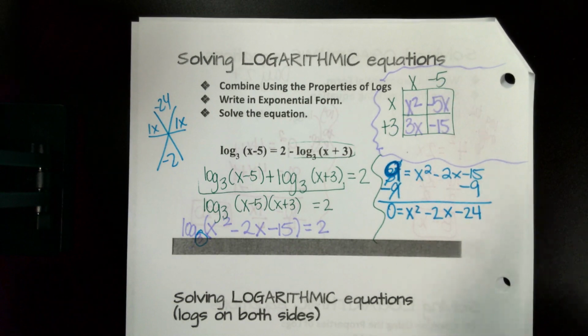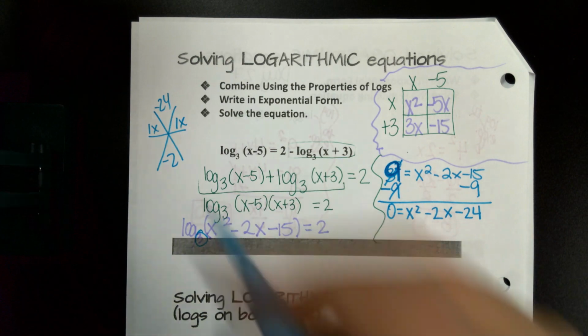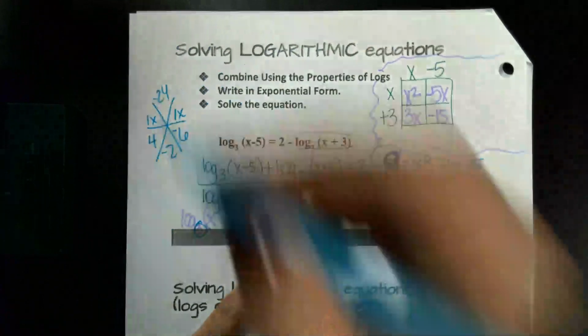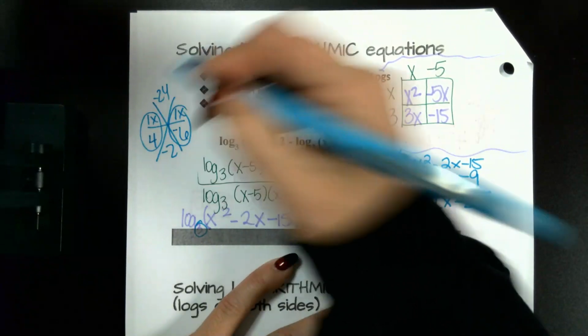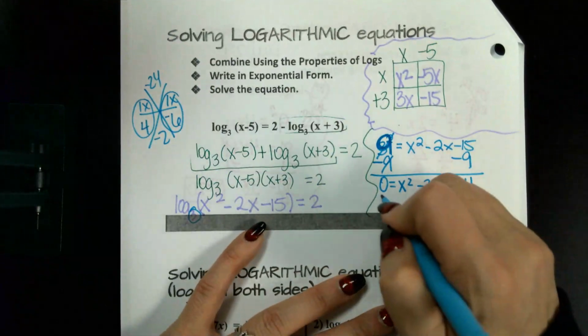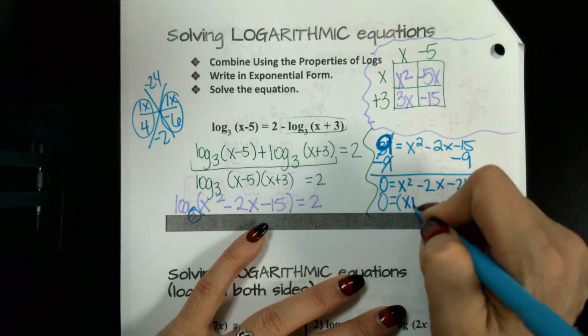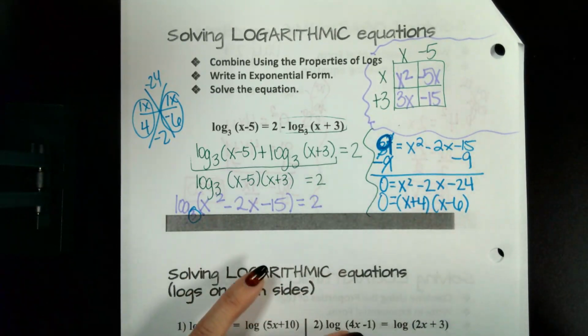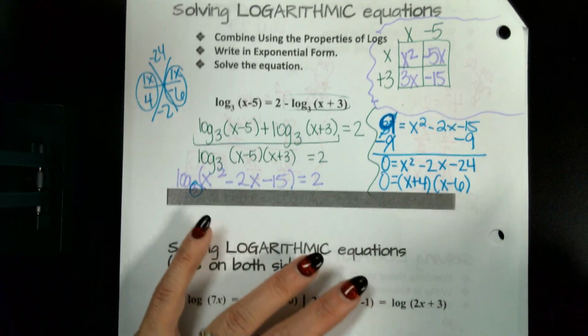See, 2, 12, 3, 8, 4, 6. Okay. And the 6, the bigger number, has to match the bottom. So it's negative 6, positive 4. So those are our two sets of parentheses. Those are not our two answers. Those are our two sets of parentheses.